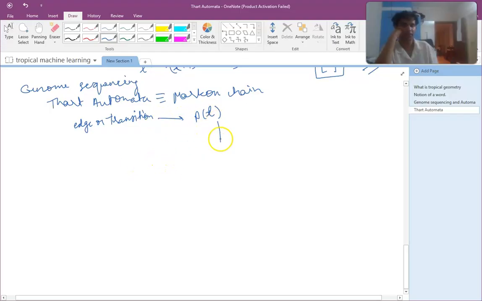Once I've assigned the probability, I'm going to find its stochastic matrix, which is essentially the adjacency matrix of a Markov chain.